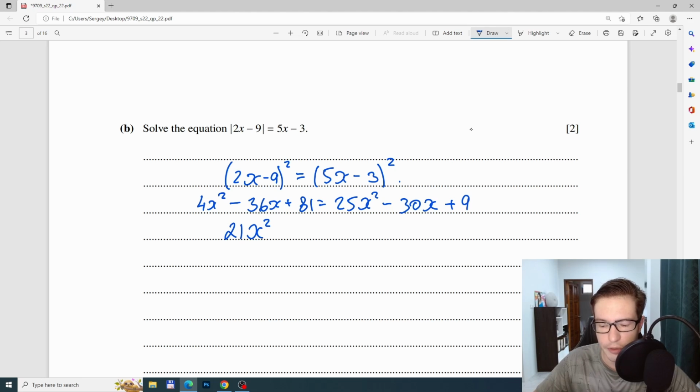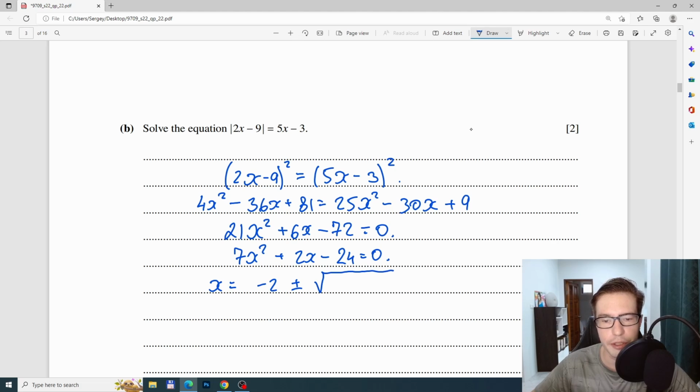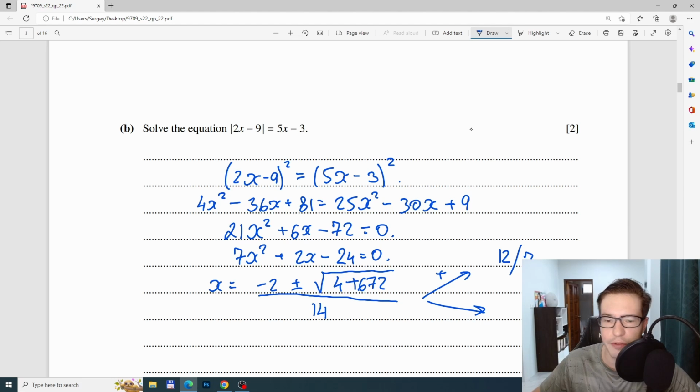So it's 21x squared plus 6x minus 72. Now let's divide by 3 to make it a bit easier. And now I can use the quadratic formula: minus b plus or minus the square root of b squared minus 4ac, which gives 4 plus 672, over 14. Now when I take the plus sign, I will get 12 over 7. And if I take the negative sign, I'll get minus 2.